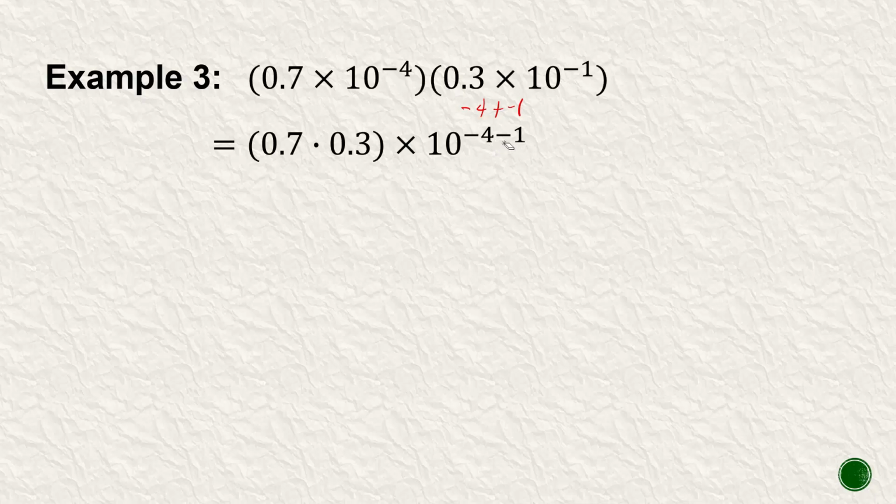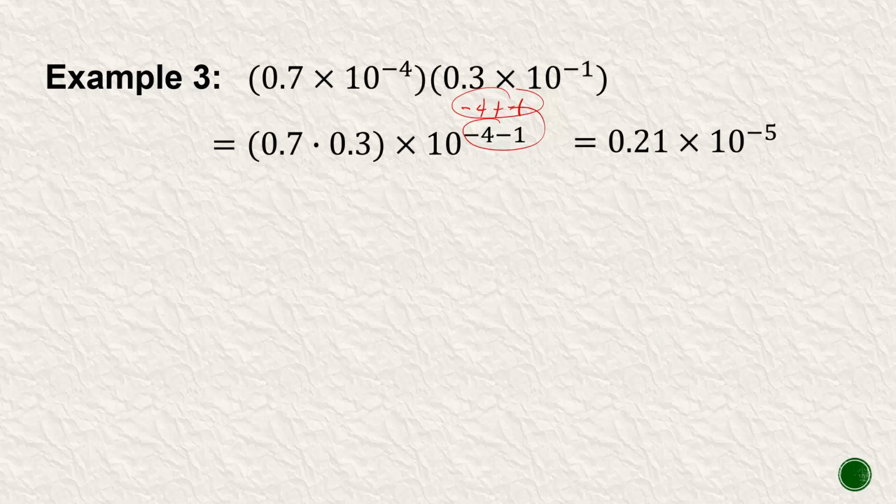I don't know why I put the minus 1 there instead of plus negative 1, but these two are the same. So 0.7 times 0.3 is equivalent to 0.21, and negative 4 plus negative 1, or negative 4 minus 1, is equal to negative 5. By the way, it's addition: negative 4 plus negative 1.